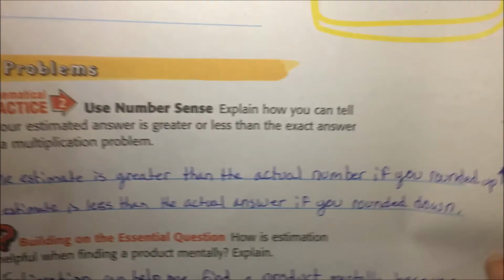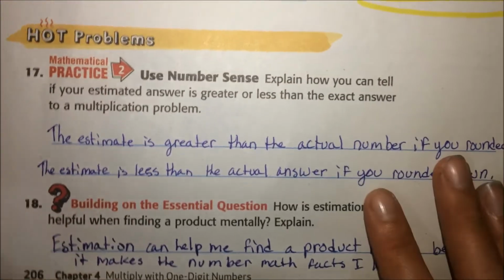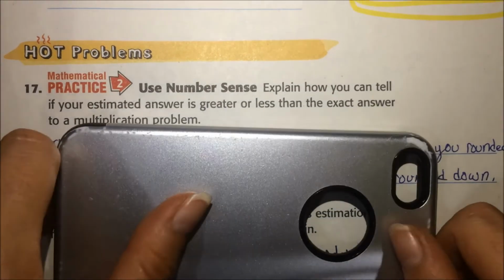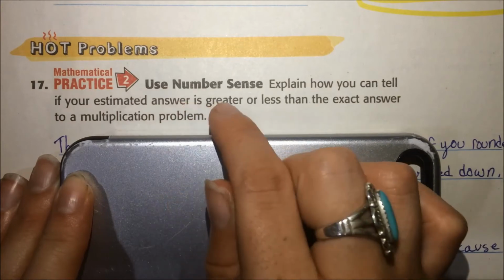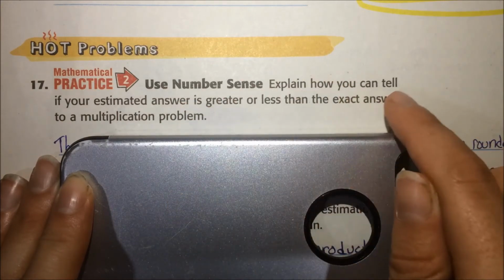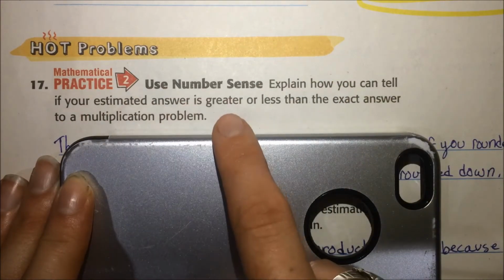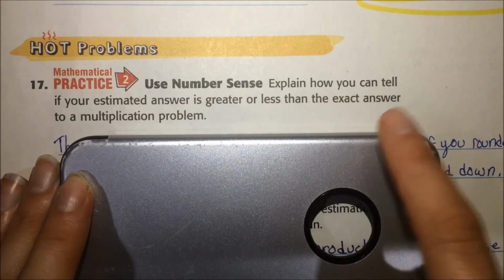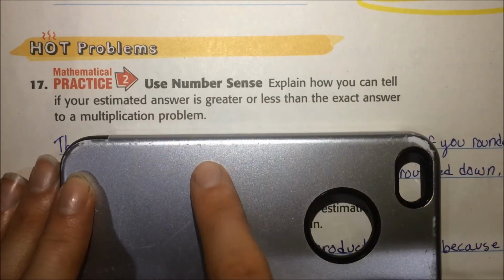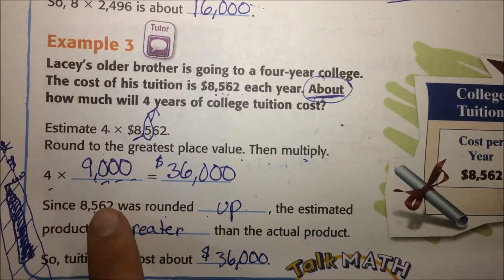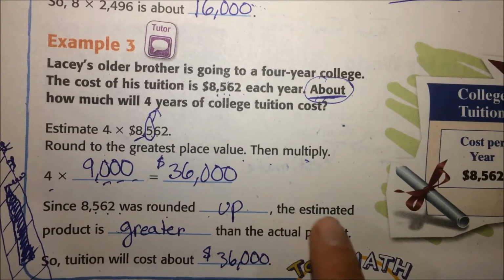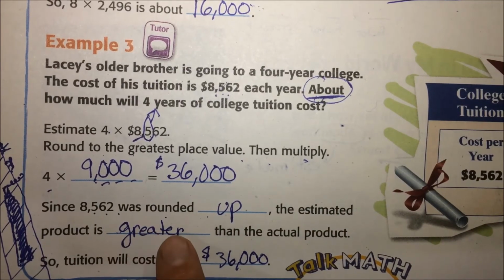But before you go, I wanted to talk to you about the HOT problems for this lesson, number 18. I'm going to cover them up with my phone case right here. Use number sense. Explain how you can tell if your estimated answer is greater or less than the exact answer to a multiplication problem. And remember, in this part, it told you, since the answer was rounded up, the estimated product is greater.